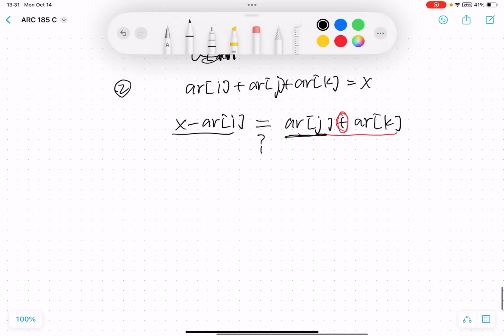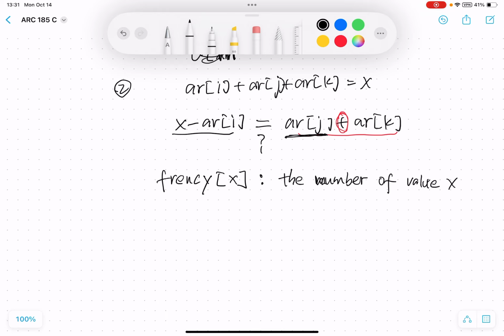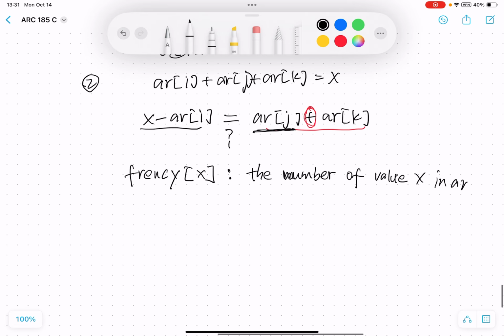What we can do is transfer the array A to a frequency array. That means frequency X means the number of times value X appears in array A. So we can get the frequency array from the original array.